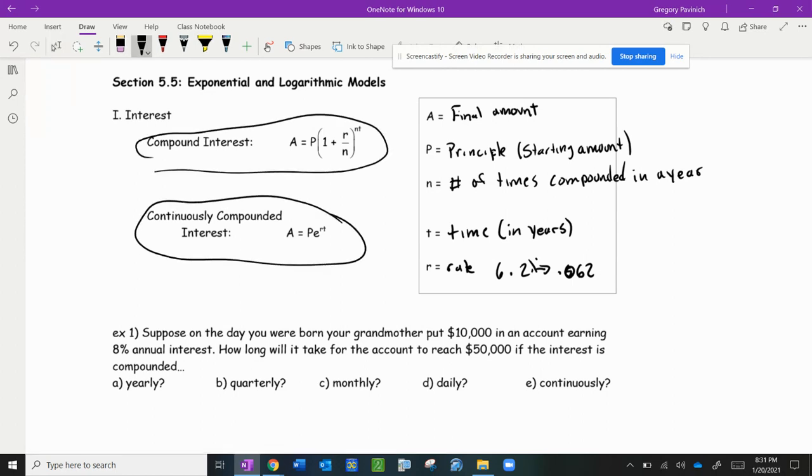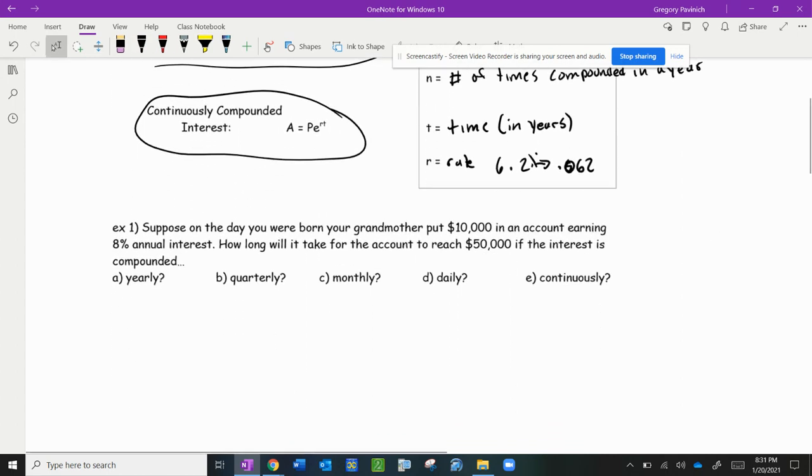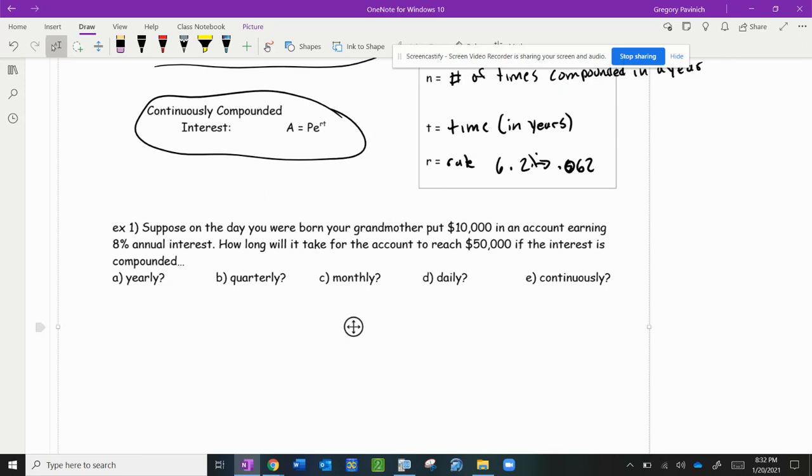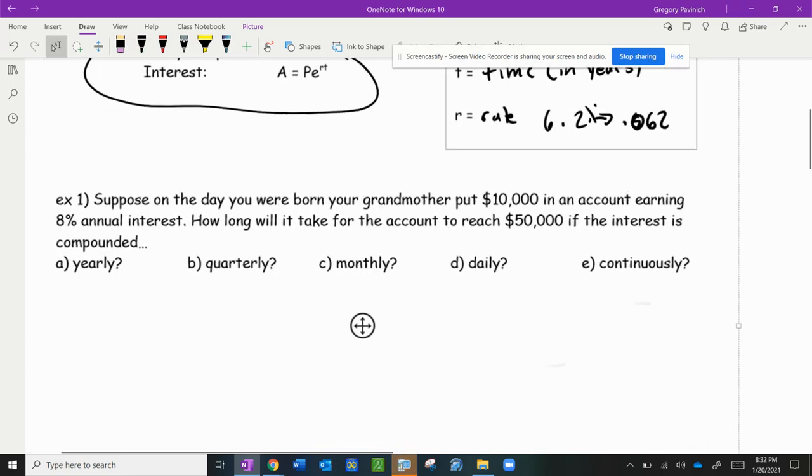So let's do a couple of these and we'll show how to work them. Let me just get my calculator going real quick. It says, suppose on each day you were born, your grandmother put $10,000 at 8%, how long would it take to reach 50,000?